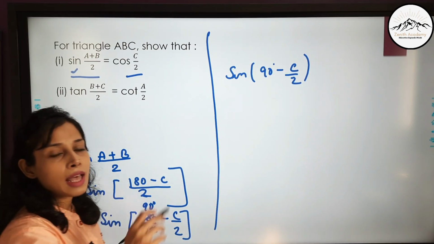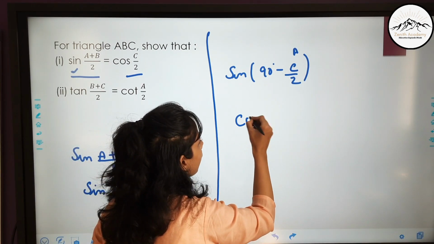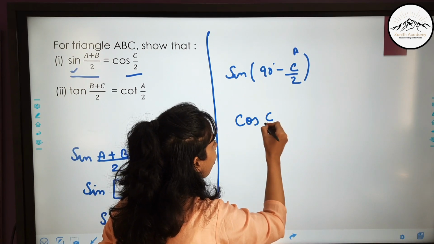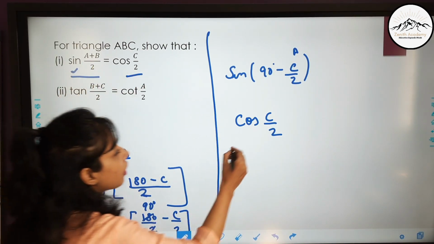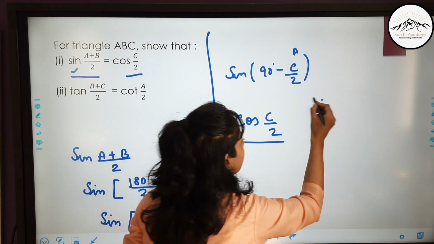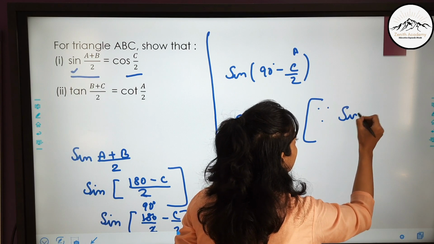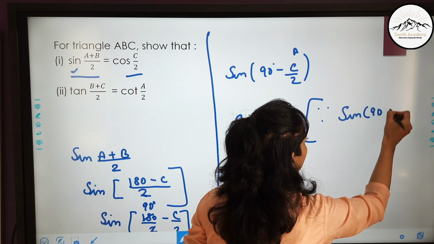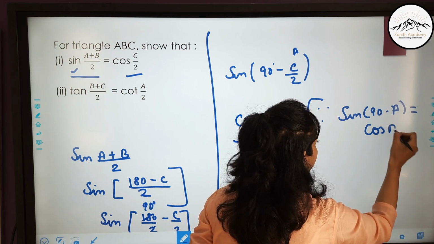Now we know sine 90 minus A is equals to cos A. So what will be sine 90 minus C by 2? Cos C by 2. Cos C by 2 is our answer. This is because sine 90 minus A is equal to cos A.